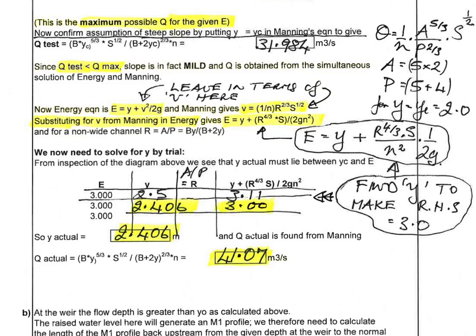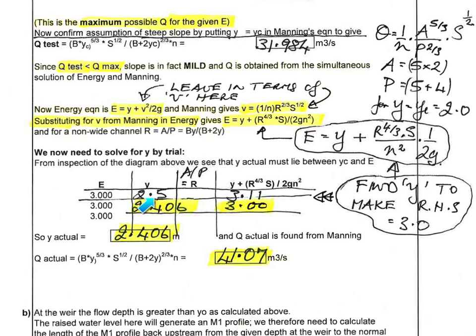So we can only solve this by trial. We want to get E equals 3, so we're going to have to choose or try and find a value of y that will give the right hand side here equal to 3.